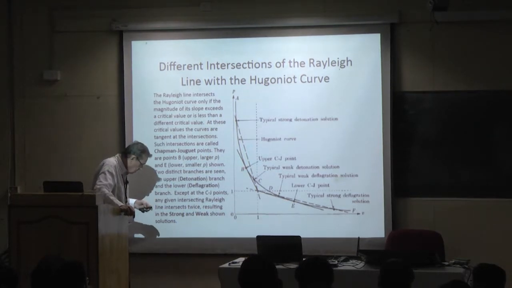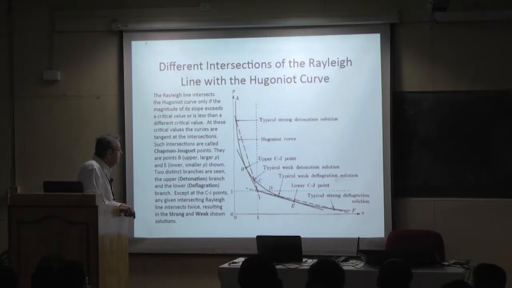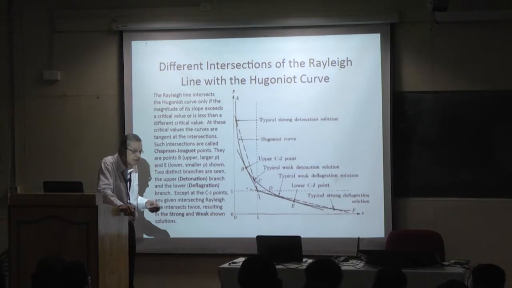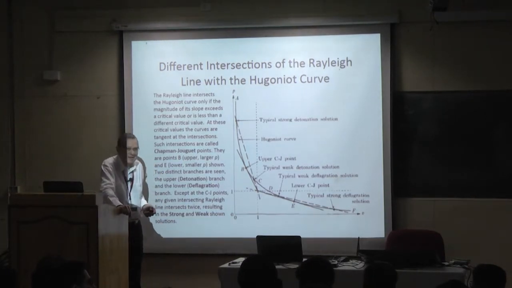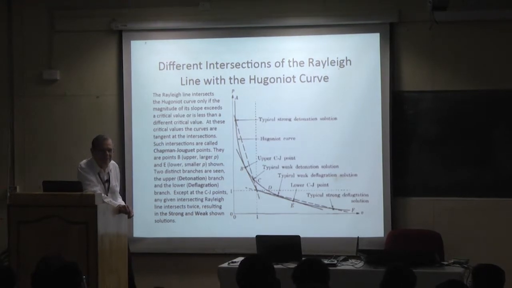So Chapman-Jouguet detonations are typical detonations. When people talk about detonations, often they're thinking only about Chapman-Jouguet detonations. So that's a long answer to a short question. Any other questions?